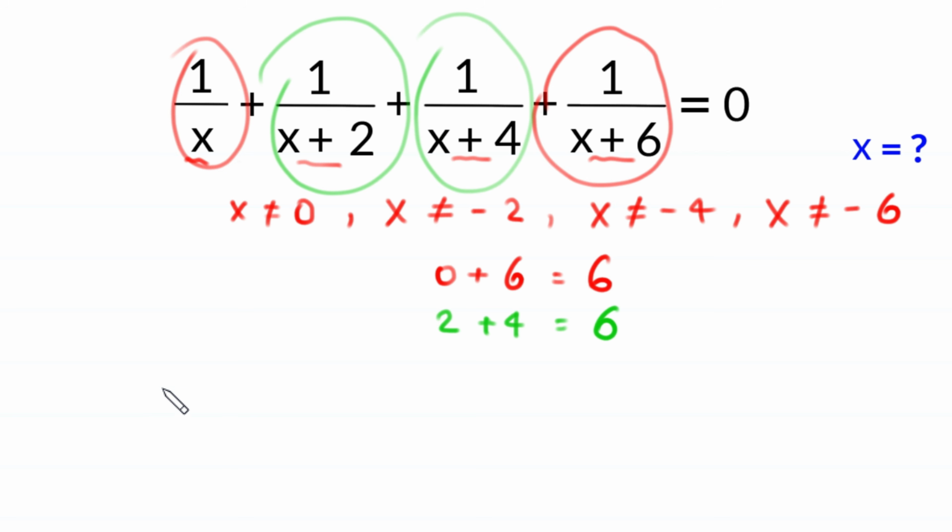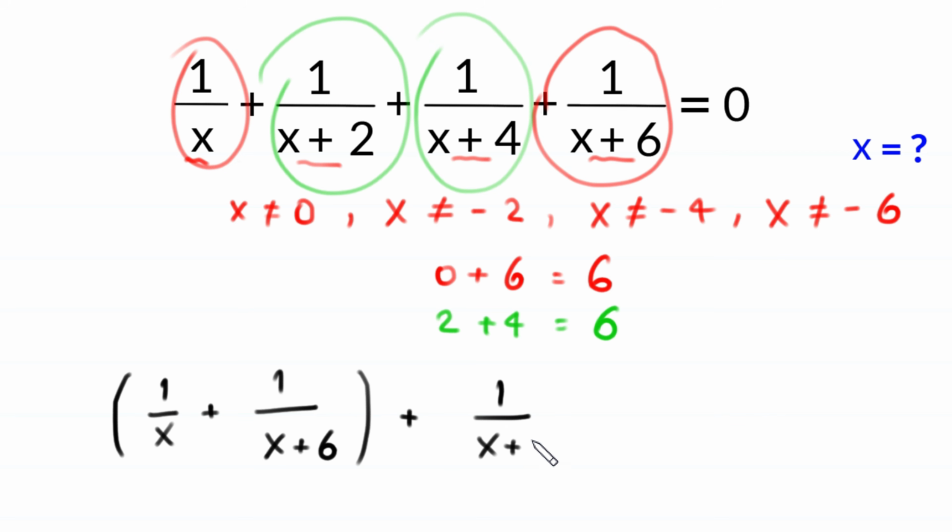So this will become 1 over x plus 1 over x plus 6 plus 1 over x plus 2 plus 1 over x plus 4 equal to 0.